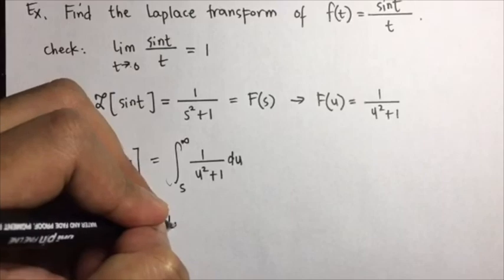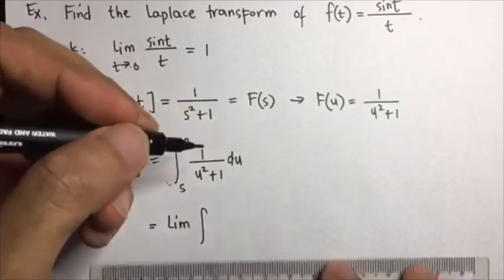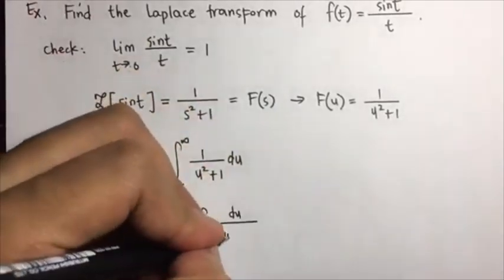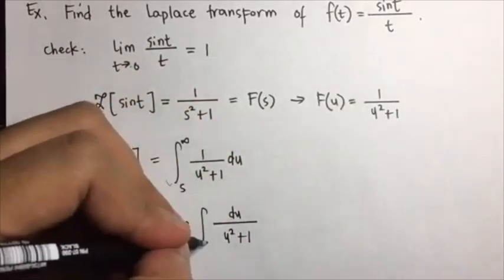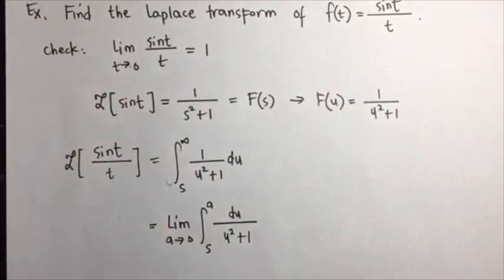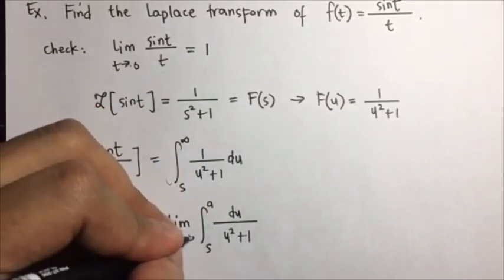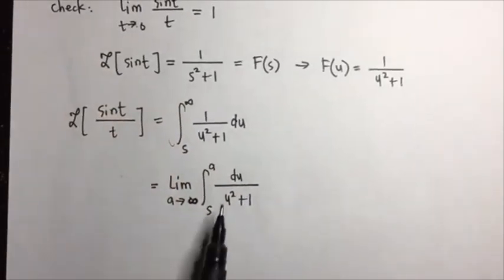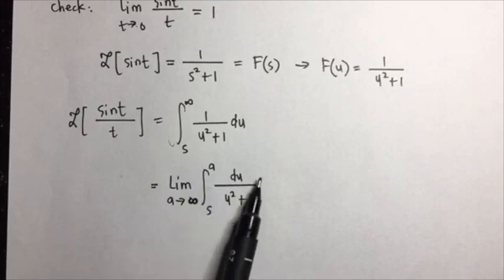We can rewrite this instead as the limit of the integral of du over u squared plus 1 from s to a as a approaches infinity. Integrating this, this is an inverse trigonometric function, arctangent.